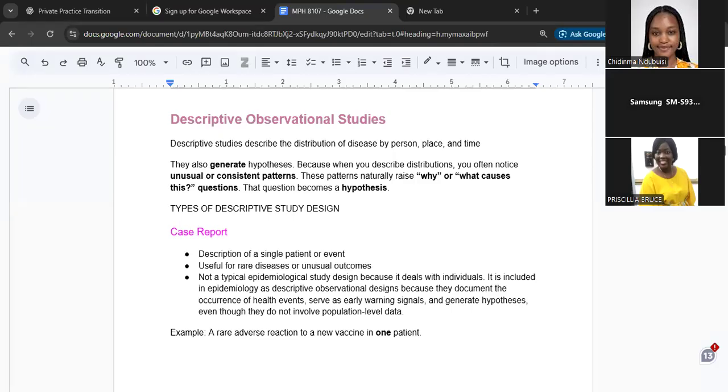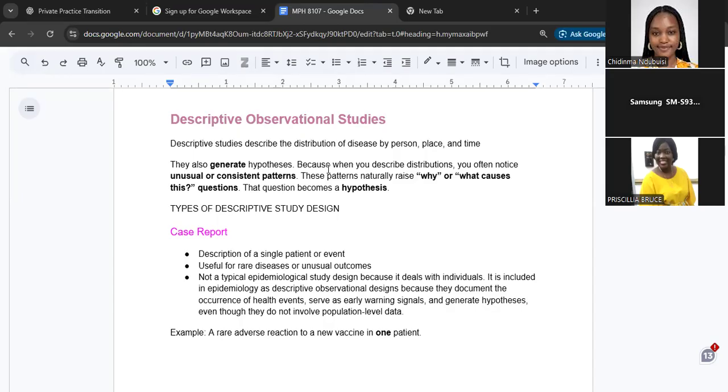Now, how does it do that? For instance, we have gone to a particular community A and see that a particular health event is more common in that community, and then we go to community B and see that it's not as much as in the other community.